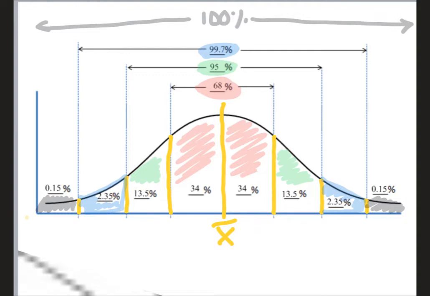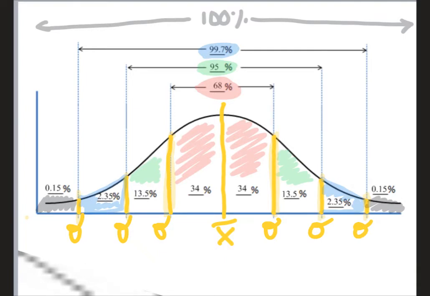The little yellow lines that I drew right here, the ones right here, here, here, here, those we're going to call standard deviations. They're represented by sigma. Now we're going to do something with those sigmas, or standard deviations, with our data.